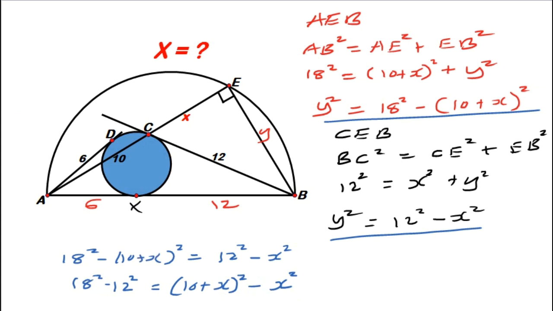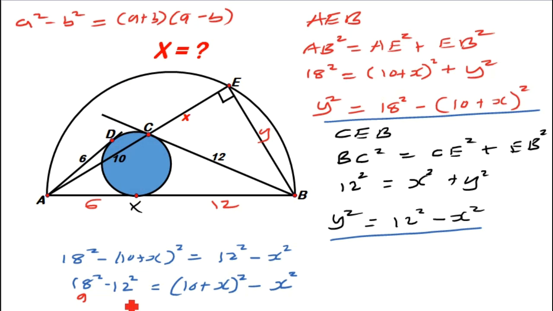Now what do we have here? This is a difference of two squares. Remember, when you have a squared minus b squared, that is (a plus b) into (a minus b). If you let 18 be a and 12 be b, then we get a plus b and a minus b.